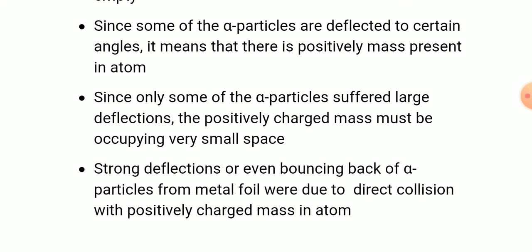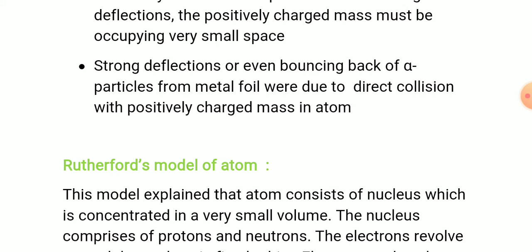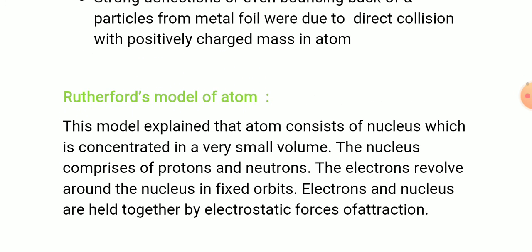Strong deflection, or even bouncing back of alpha particles from the metal foil, was due to direct collision with the positively charged mass at the center of the atom, the nucleus. So these were the conclusions of Rutherford's alpha particle scattering experiment.